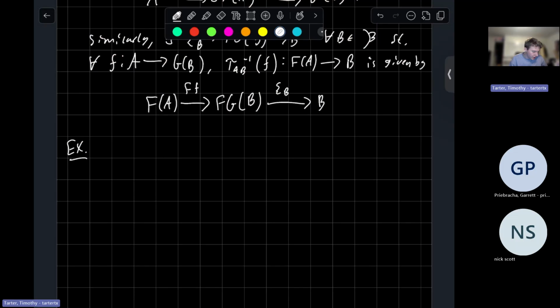Okay, so as an exercise, suppose M, N, and P are A modules, where A is a ring.